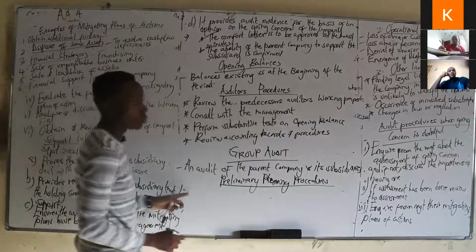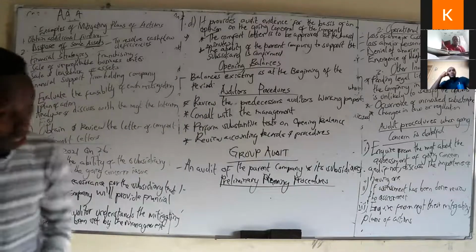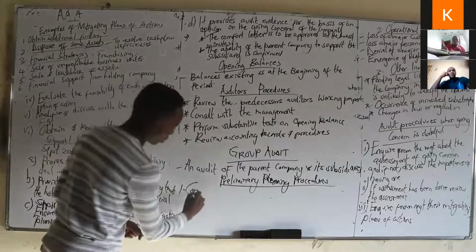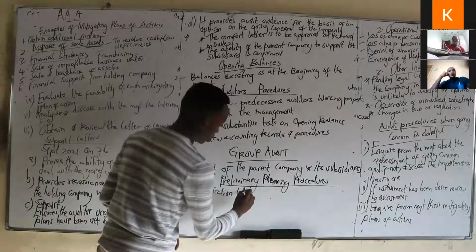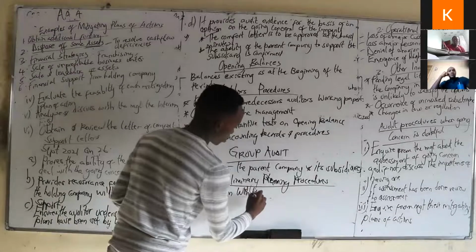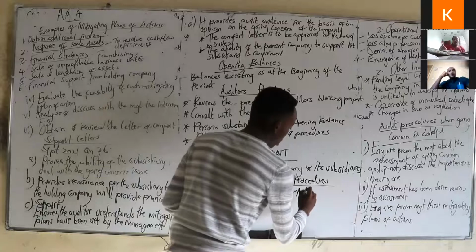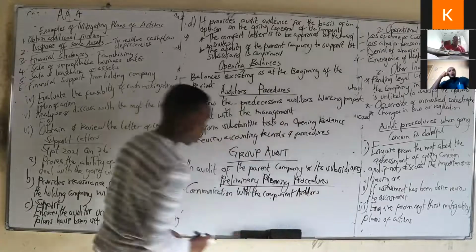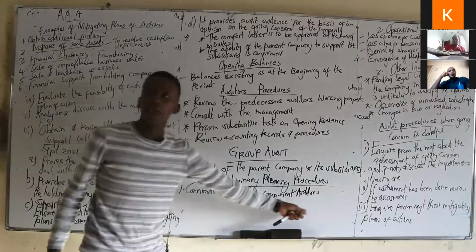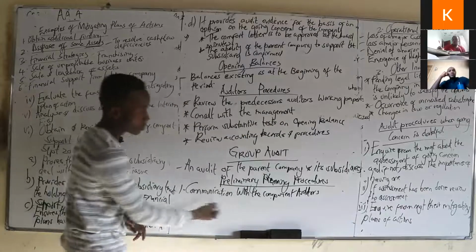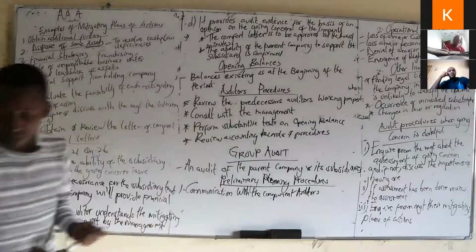So one of them will be communication with the component auditors of this company. That means, before you place reliance on the component auditors, you will look at their competence, and also the nature of work or the extent to which they have conducted this work.